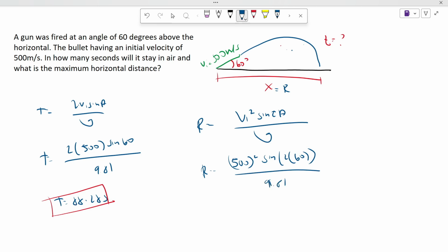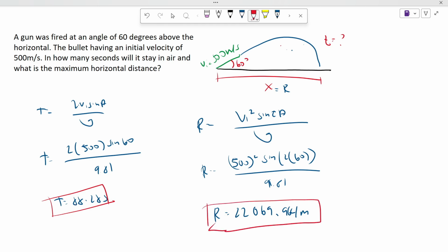Gets? So, this will be equals to what? 22,069.96 meters, guys. Gets? So, this will be the final answer, guys. Gets?